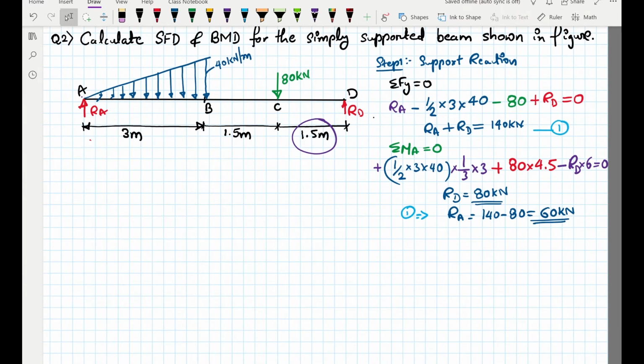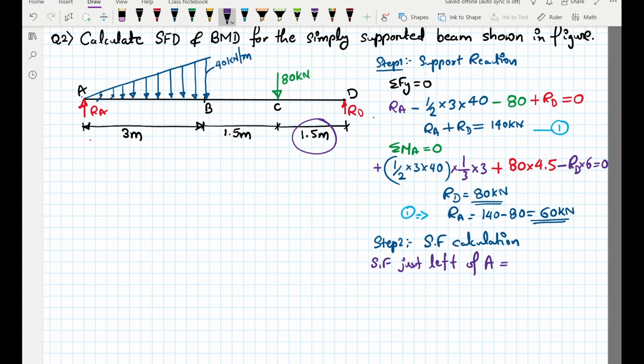So step number 2, I am going to calculate the shear force. So I will take step 2, shear force calculation. First I'm going to start from the left support. So I will take the shear force just left of A. Shear force is nothing but the summation of all the vertical forces.